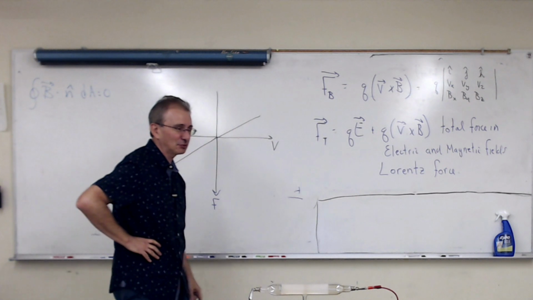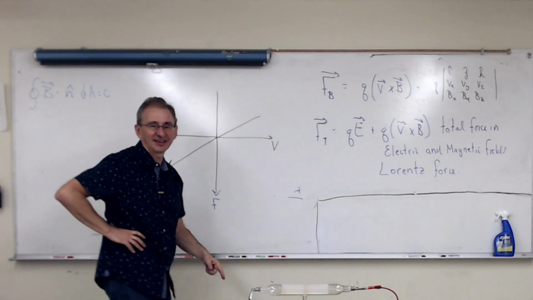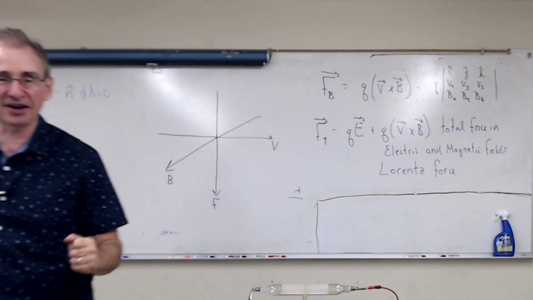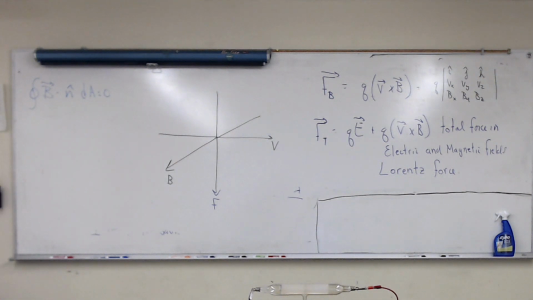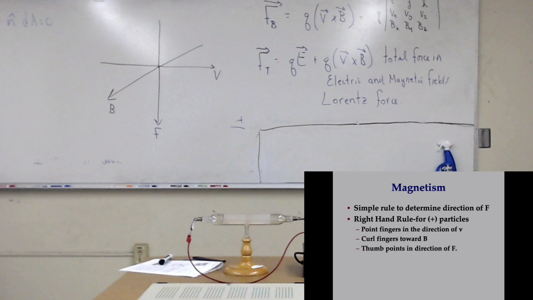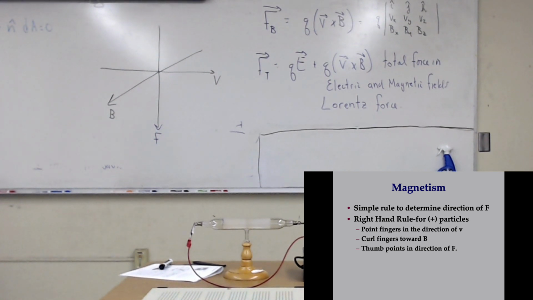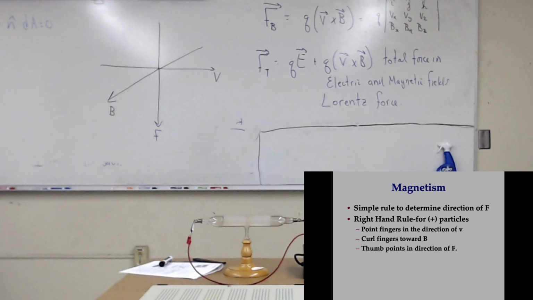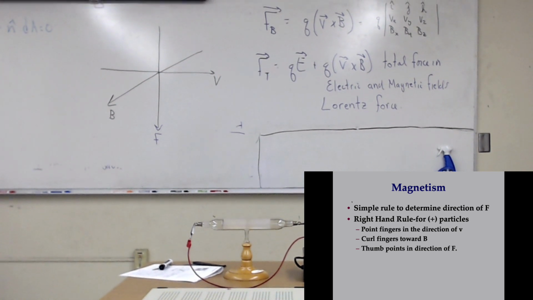So the right-hand rule only works for positively charged particles. It says that on the slide, right? The right-hand rule only works on positively charged particles. It doesn't work on negatively charged particles.